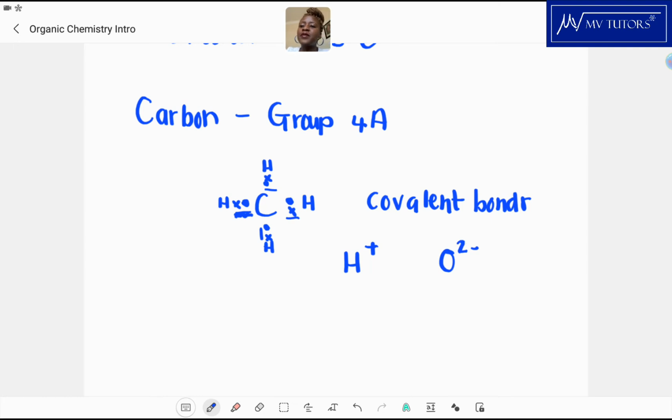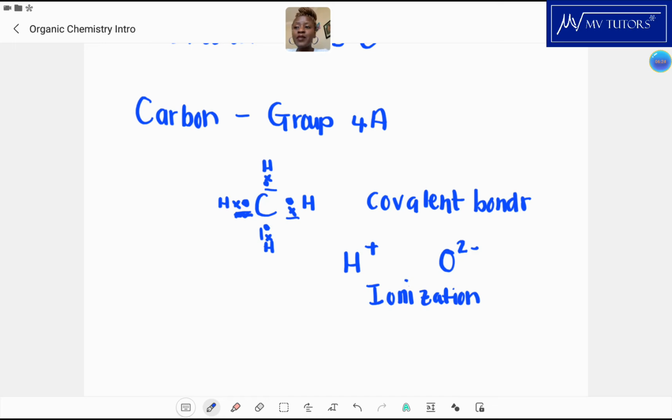If you have two hydrogens bonding to the oxygen, it takes 2 electrons. So now oxygen has 2 extra electrons, an excess of electrons. So ionic bonds, that is what happens when you get ionic bonds. But if you have covalent bonds, it's more of the sharing of electrons.